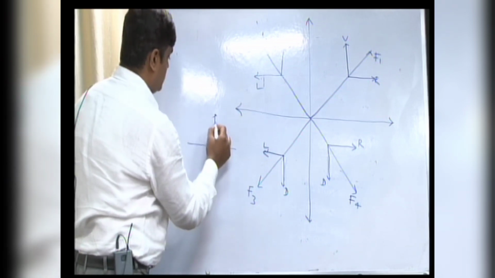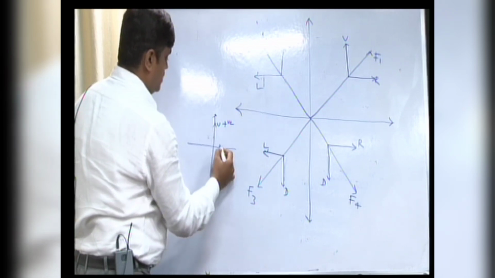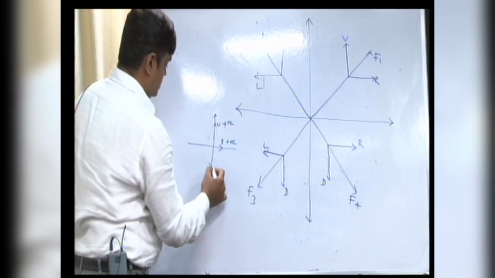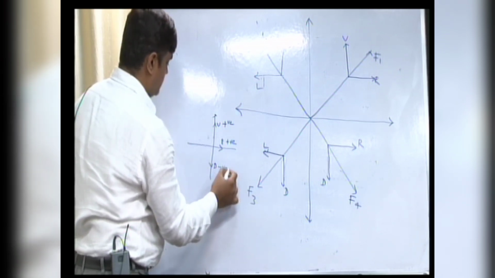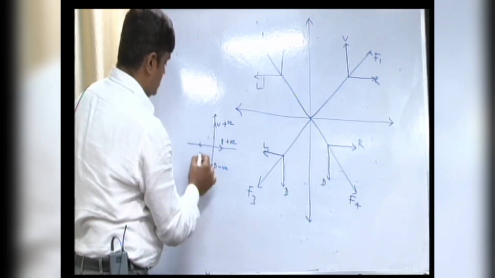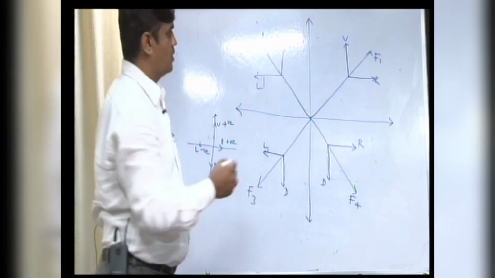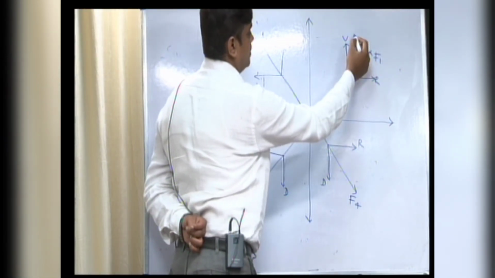up means positive, right side positive, down negative, and left side negative. Now, in the first quadrant, both vertical and horizontal components will be positive.